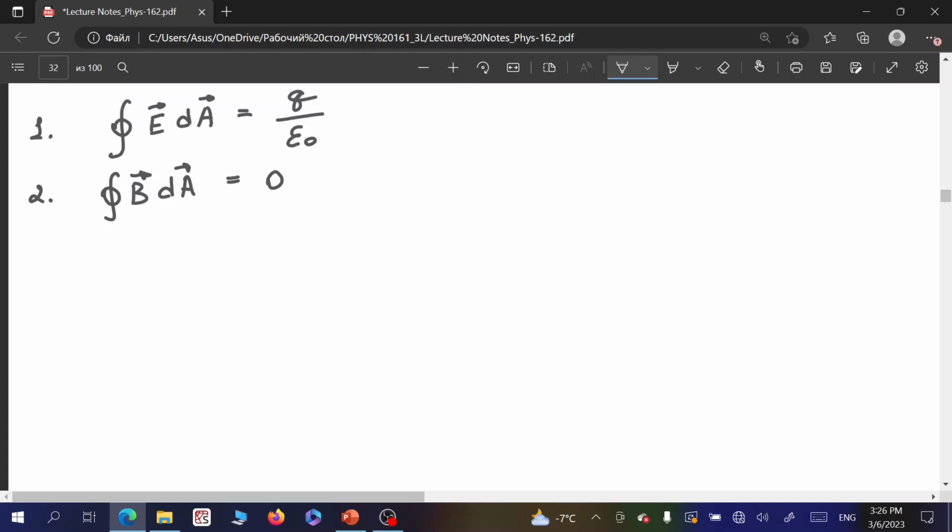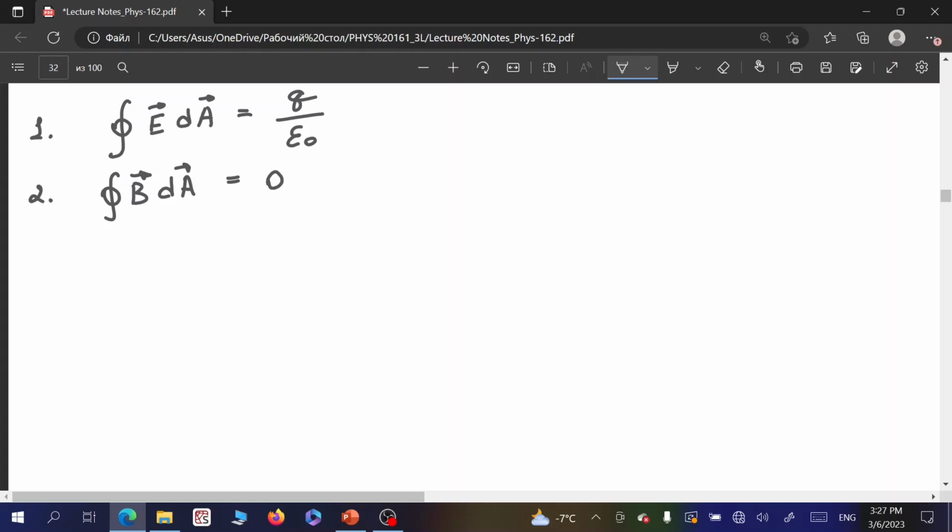As opposed to the electric field, we have sources like electric charges, and it's necessary to take into account whether we have positive or negative charges inside the closed surface, because the net flux will be positive or negative.